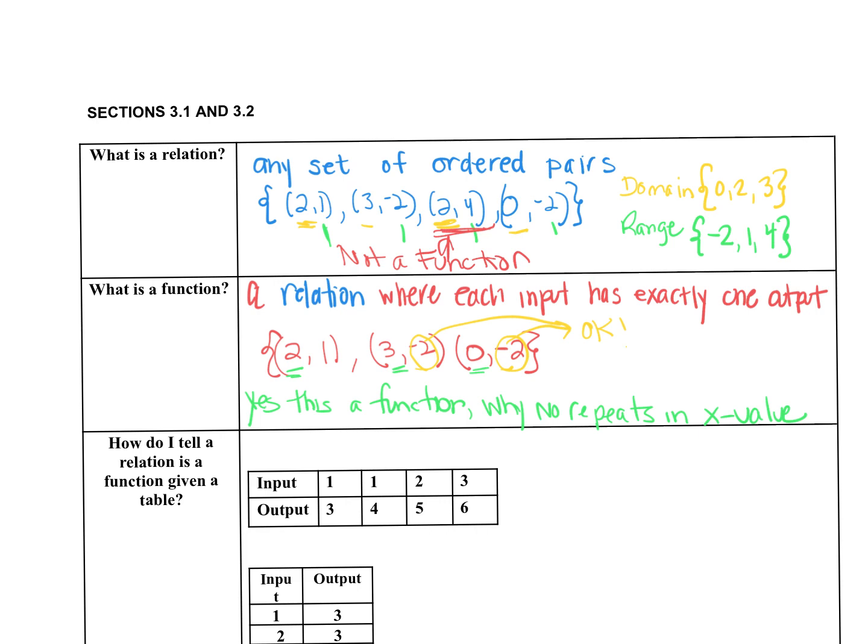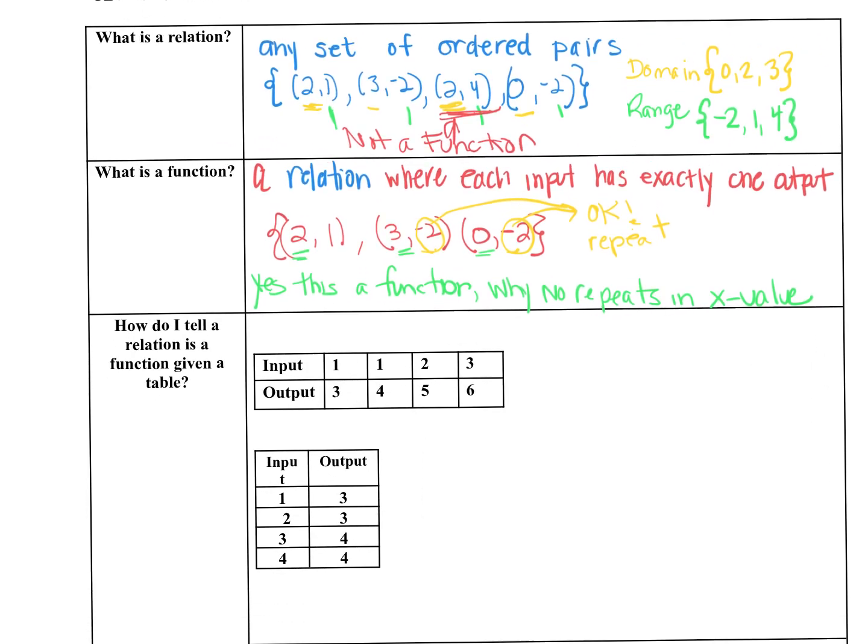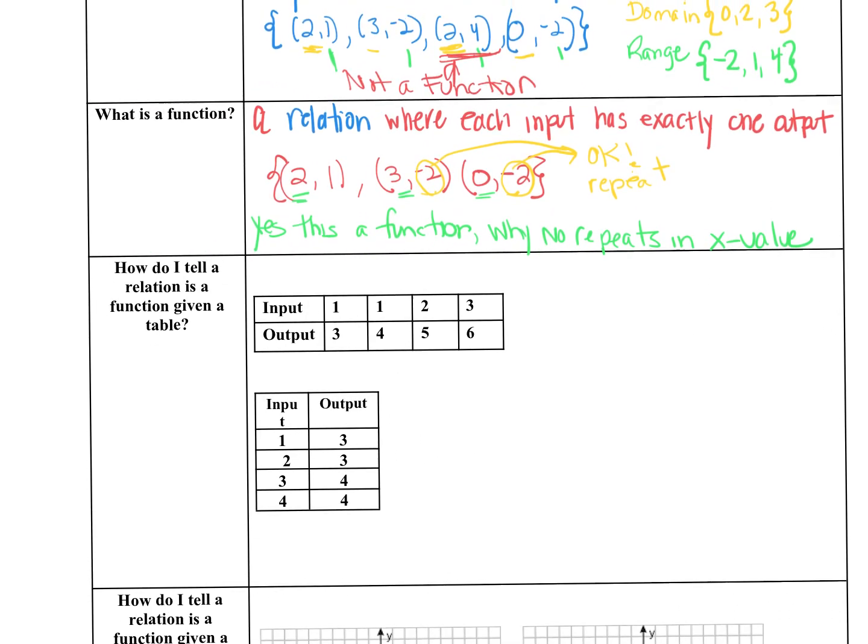We're only specifically looking at the x value. So it is okay to have this repeat here. I think when we look at that graphically, we'll see what exactly that means and why we are allowed to have it.